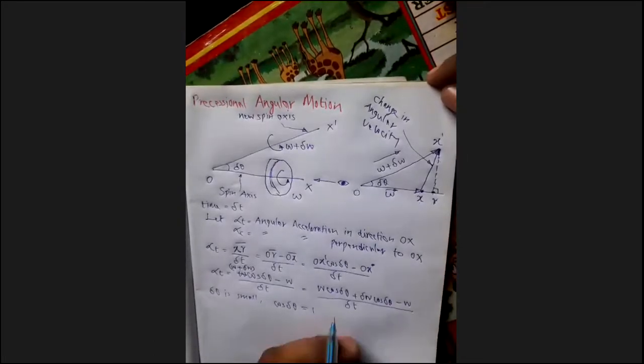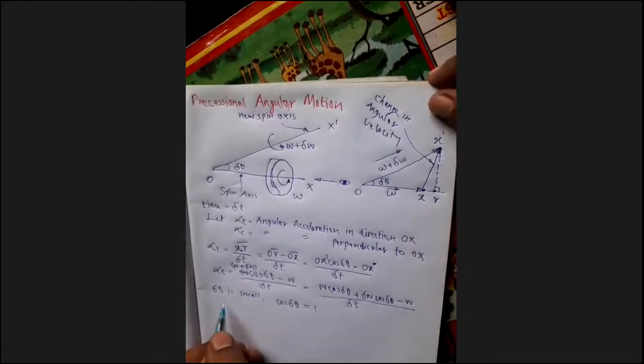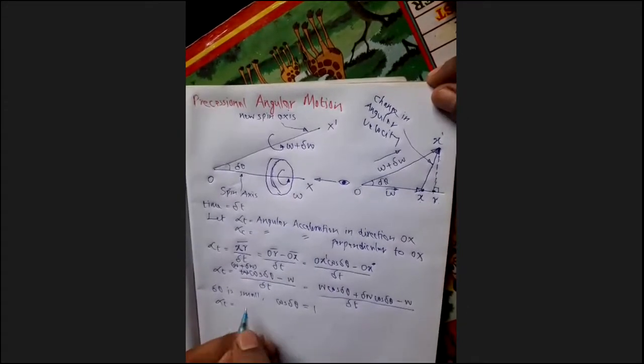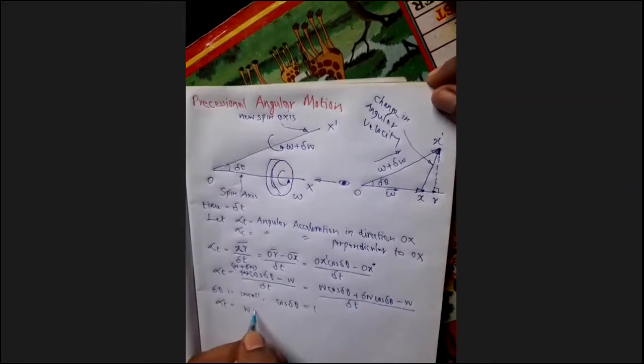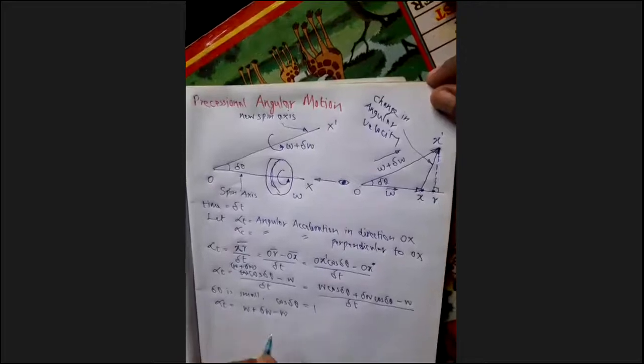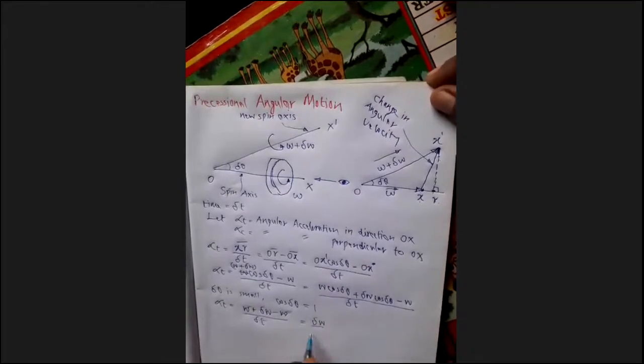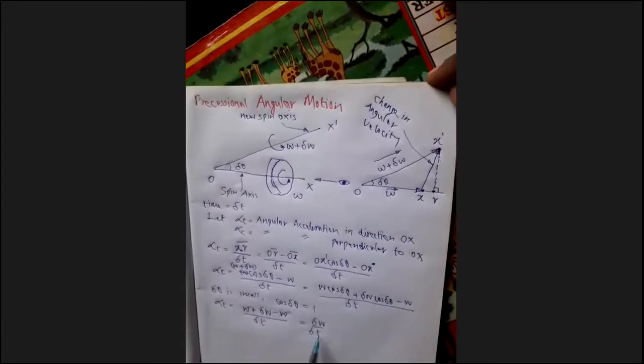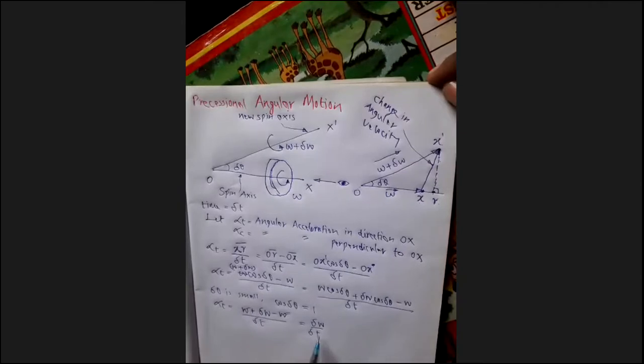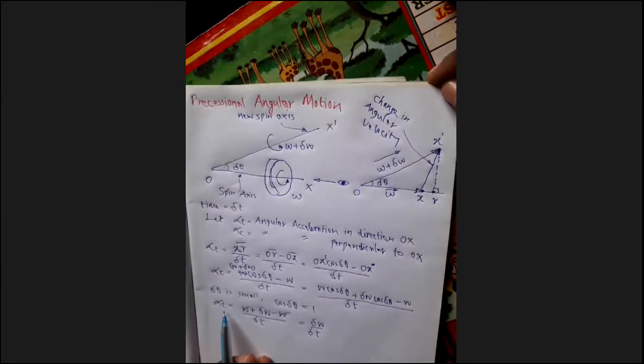When you put cos delta theta equal to 1, alpha t will be equal to omega plus delta omega minus omega upon delta t. So omega omega cancel, and you get alpha t equal to delta omega upon delta t. This represents the instantaneous value of angular acceleration in the direction of OX.